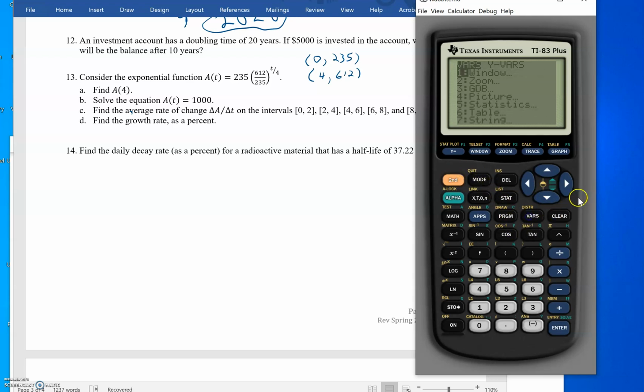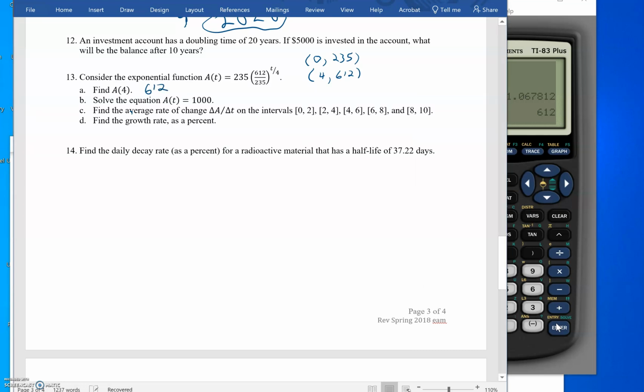So if we want to evaluate the model after 4 years, or I guess we don't know if it's years, we don't know what the unit is here, but we're just going to evaluate y1 of 4, and that would be 612. Now that shouldn't actually have been a surprise, right? Because if you look over here, notice that I actually computed that already just by looking at the function. So if you're paying attention, you don't really have to compute anything here. I guess I wasn't paying attention because I did compute it, but in any case, there's our answer.